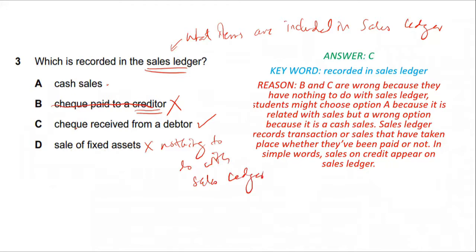So that leaves options A and C. Entry for cash sales does not generate any debtor, any accounts receivable. So option C in this case is the most likely correct option. A cheque received from a debtor would be recorded in the sales ledger. Hence option C.